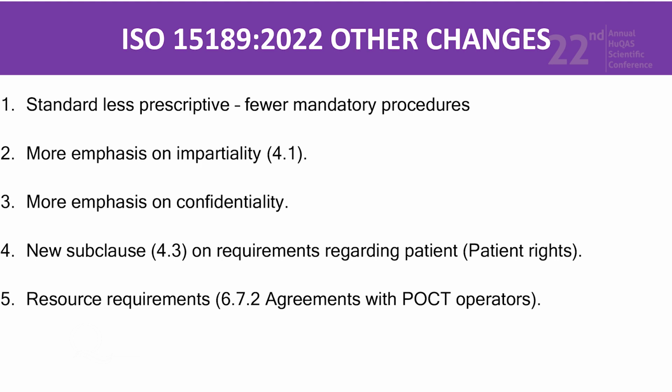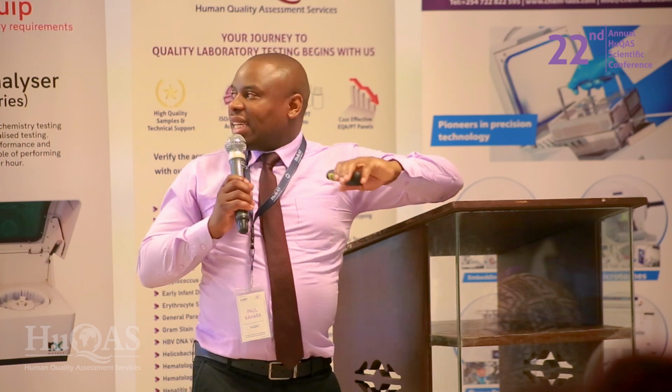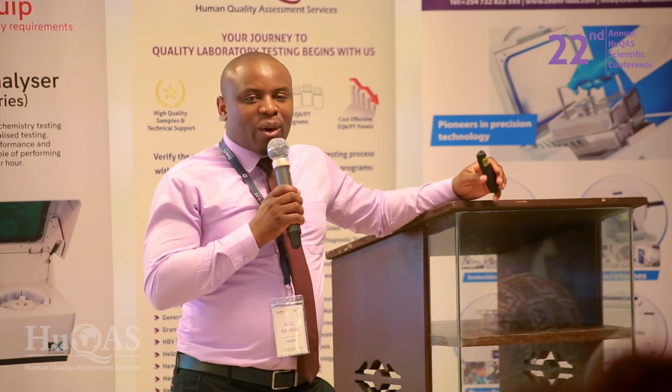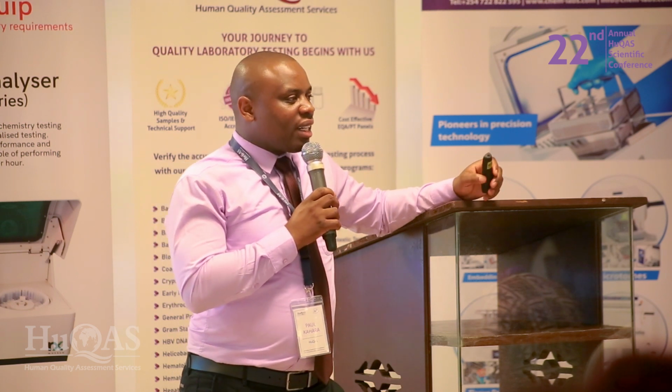This time round, they may not call them SOPs, but they are requesting laboratories to have arrangements or mechanisms, whatever you may choose in your facility, not necessarily calling them SOPs. And so we say it is less prescriptive in terms of its requirements compared to the previous standard.